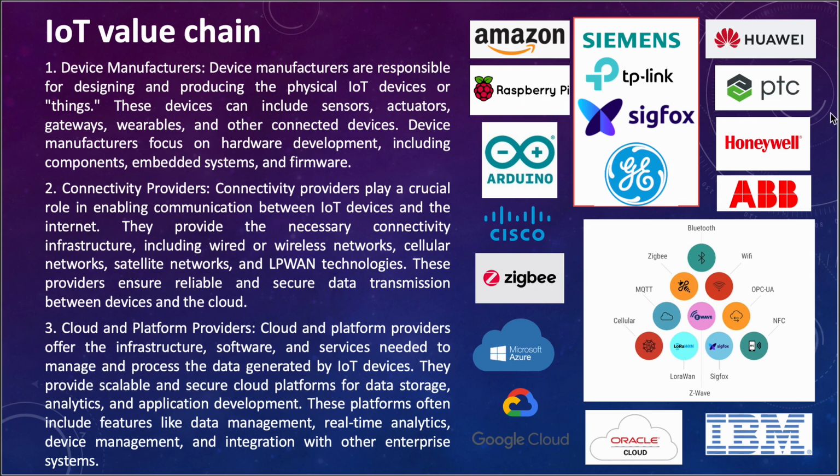We have Honeywell, we have ABB. So we know that ABB are for robotic arms. Honeywell is also for electronic components, and these are mainly again business to business IoT service providers. They have their own set of IoT products, which caters from sensors.